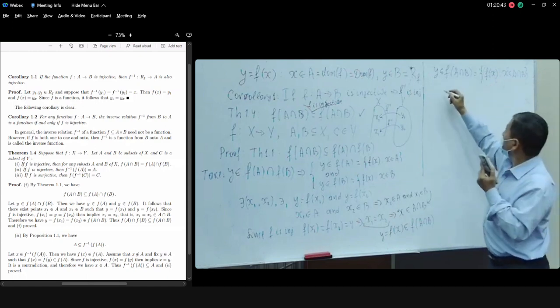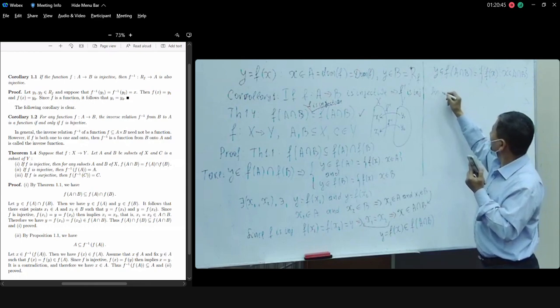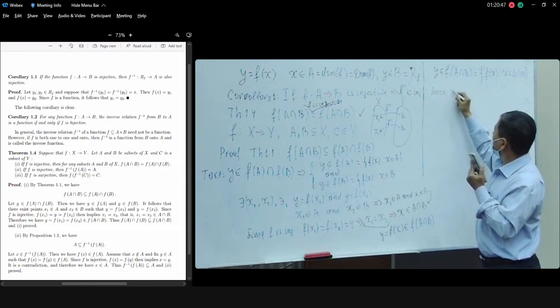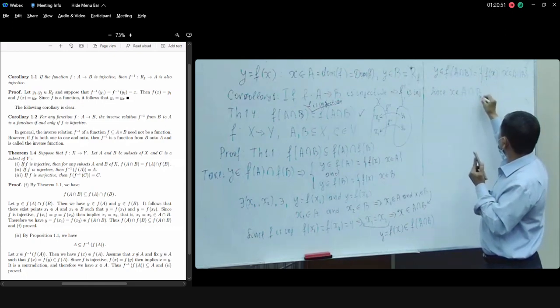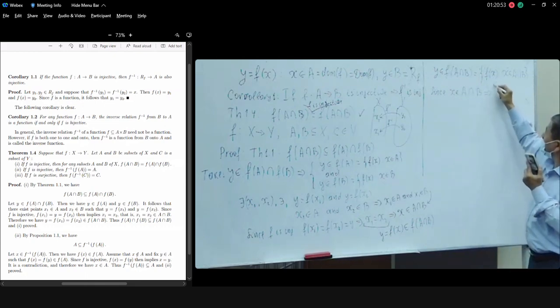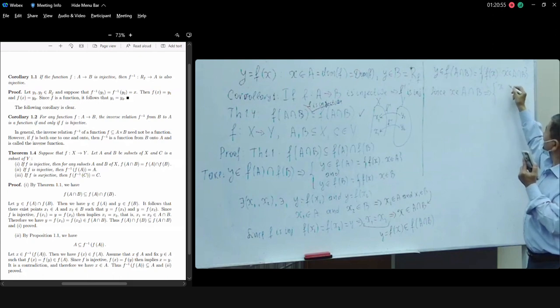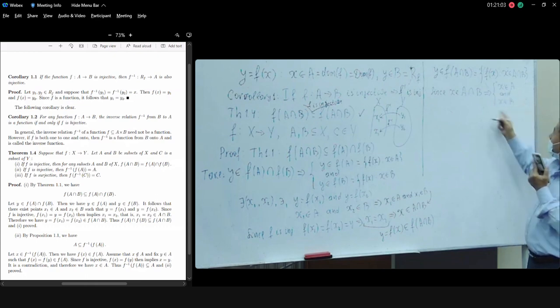So since x belongs to A intersection B, it implies x belongs to A and x belongs to B.